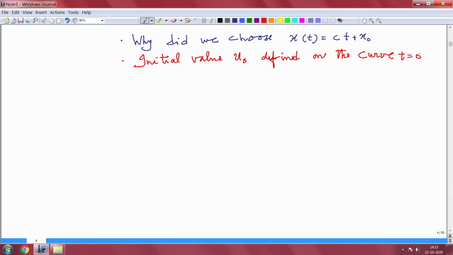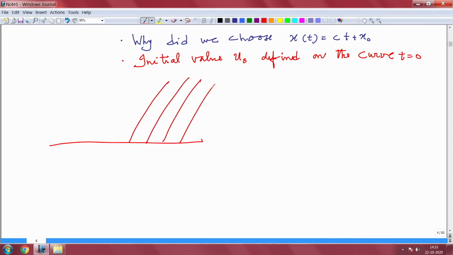So, you have defined the initial values on the x axis. So, the question is that you have a line here and you have all your characteristic curves here. This we call characteristic curves.